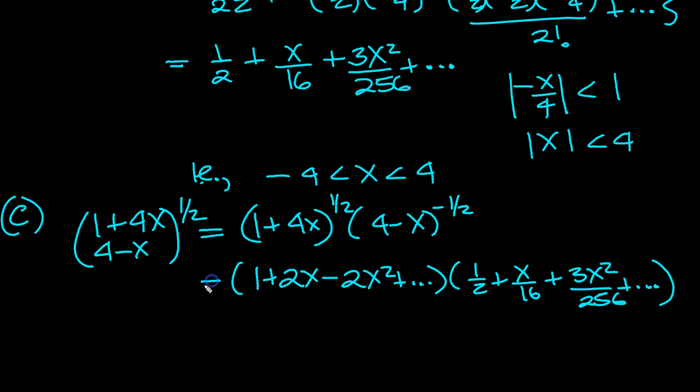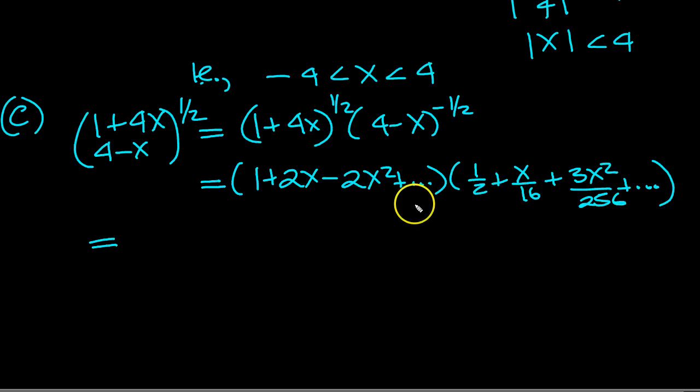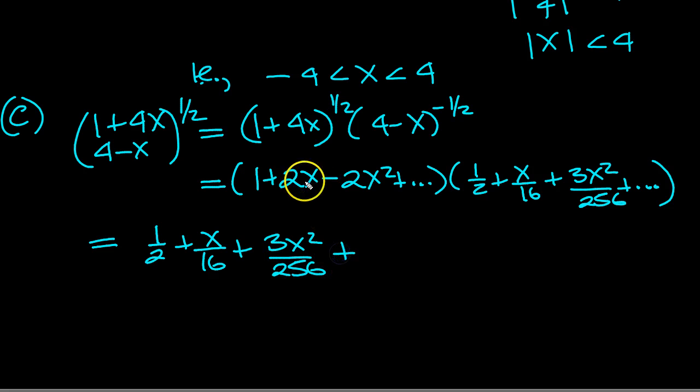So let's see what we've got then. So that's equal to, okay, so we've got one of these, and one of these, so it's a half plus x over 16 plus 3x squared over 256 plus 2x times a half is 1x. 2x times this is x squared over 8, isn't it?